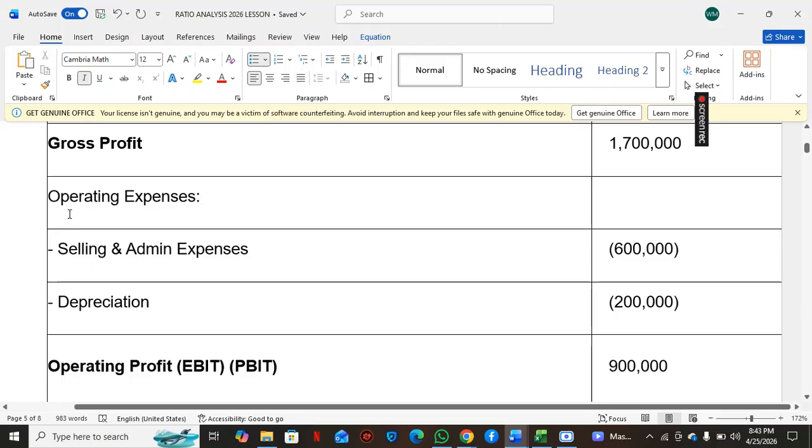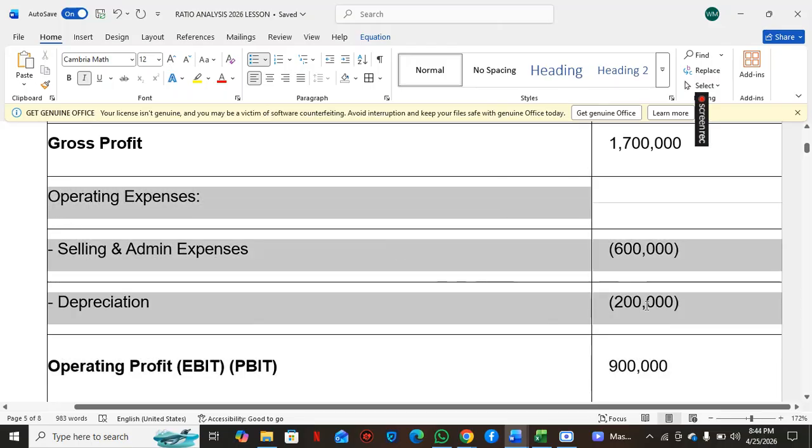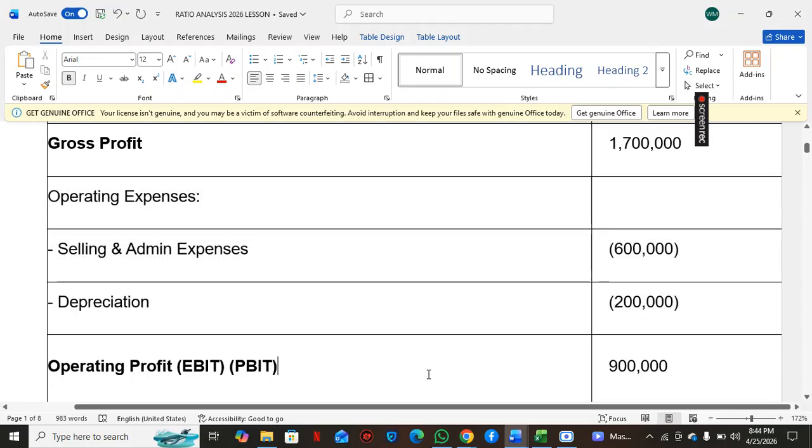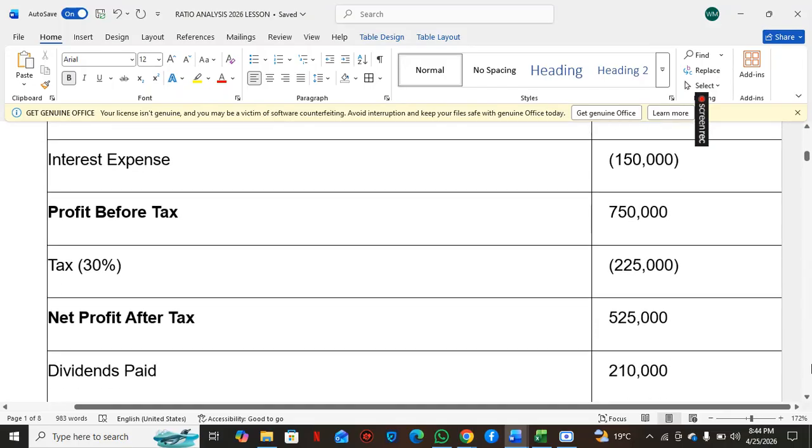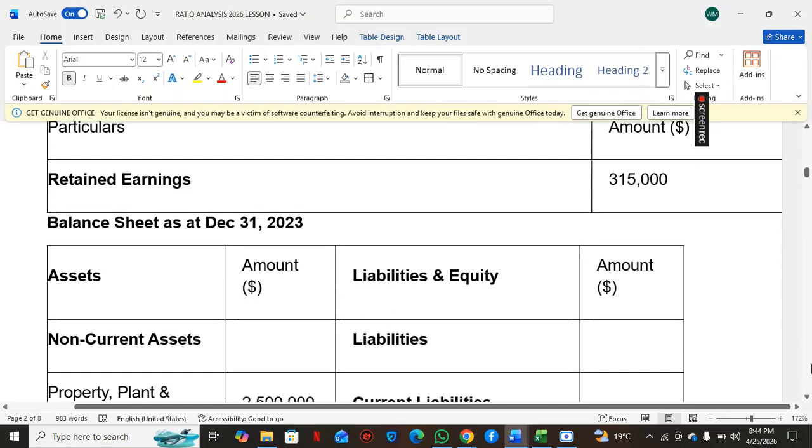If you lower these operating expenses or operating costs, you have a higher operating profit. With a higher operating profit, this margin will grow. But as I said, the growth of the profit should exceed the growth of the revenue.